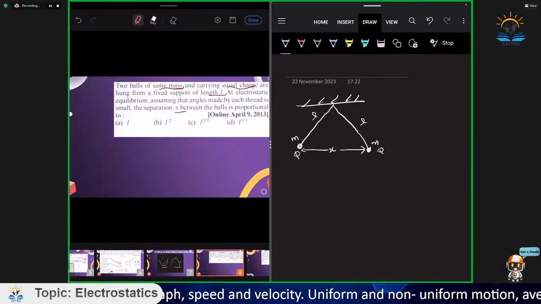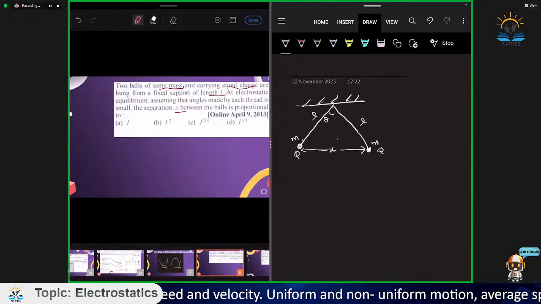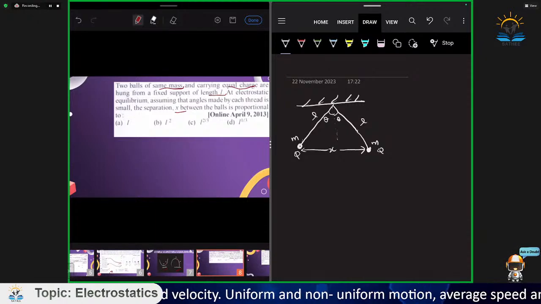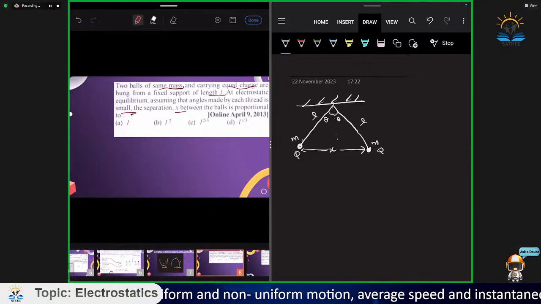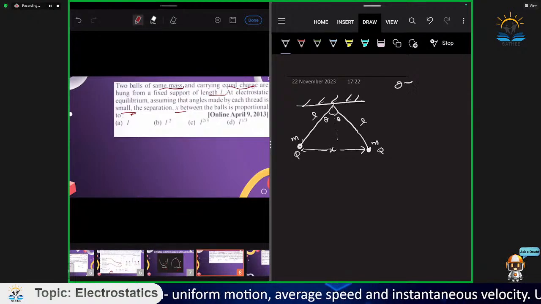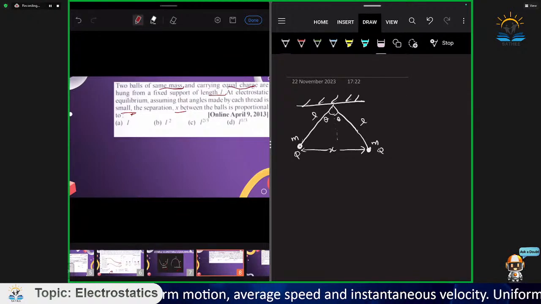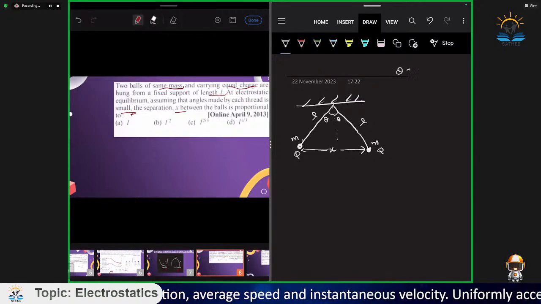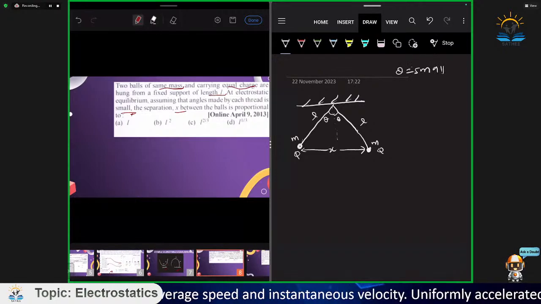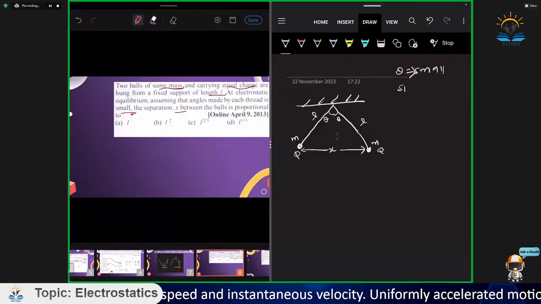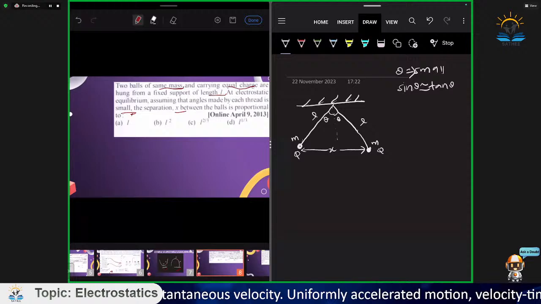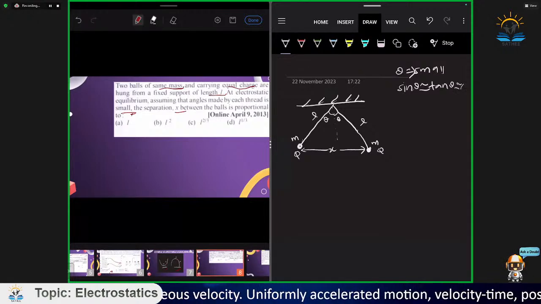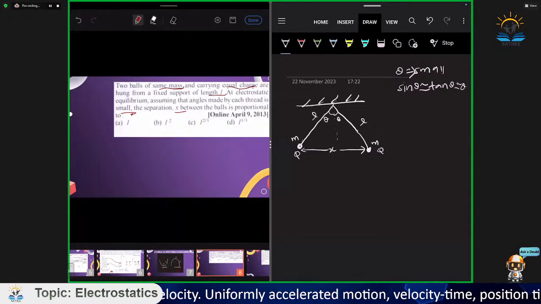And I am taking this angle as theta. It's given that the angle made by each thread is small. Keeping that in mind, if theta is small, we know that sine theta is equal to tan theta, which is equal to theta. We all know that.